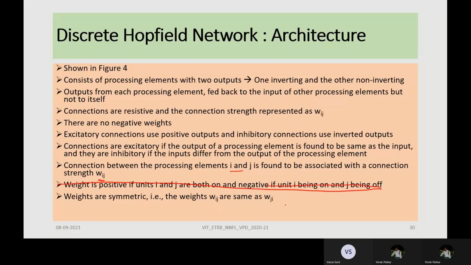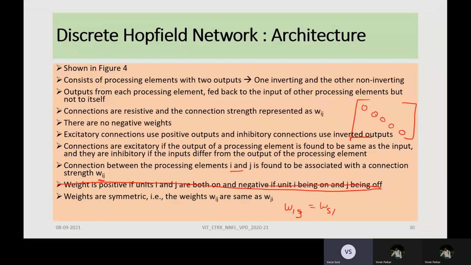This is true always. Means your weight W13 will be equal to W31. So your weight matrix will have all zeros in the diagonal, without self connection, right?